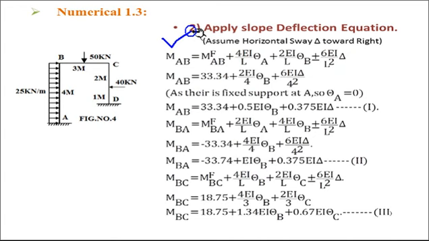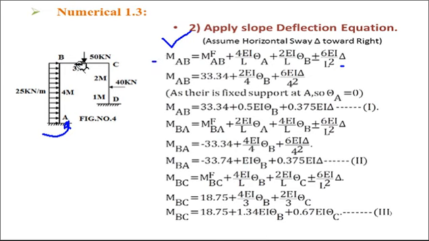Now apply the slope deflection equation for each span and find the end moments. Let's consider span AB. First find the end moment at A. MAB is equal to MF AB plus 4 EI by L theta A plus 2 EI by L theta B plus minus 6 EI by L square into delta.